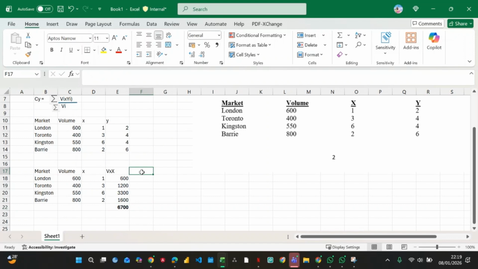We can also do the same thing for v times y. So y is supposed to be 2. I just want to say this is y, and then put these values.